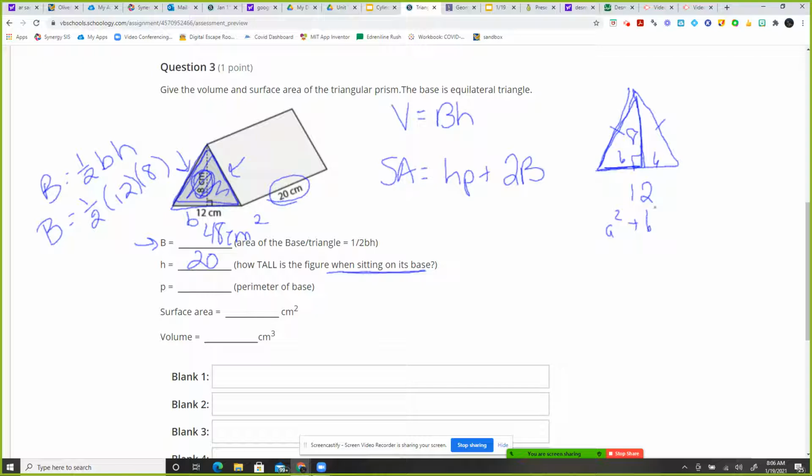A squared plus B squared equals C squared, where my legs of 6 and 8 are A and B. So 6 squared plus 8 squared equals C squared. So that's going to be 36 plus 64 equals C squared, or 100 equals C squared, or C equals 10. So see how triangles get super complicated?